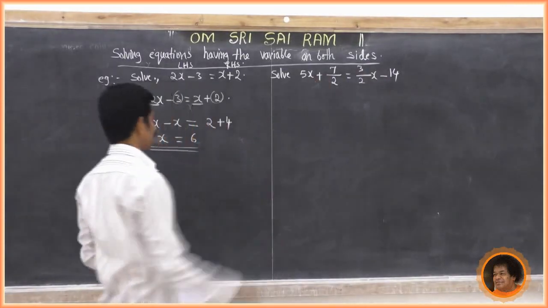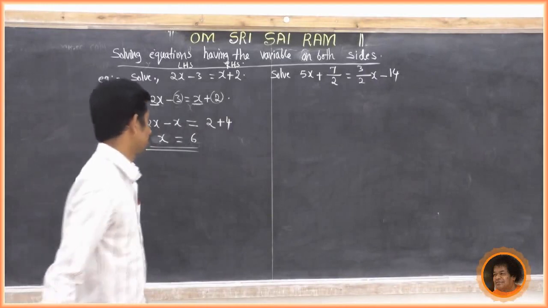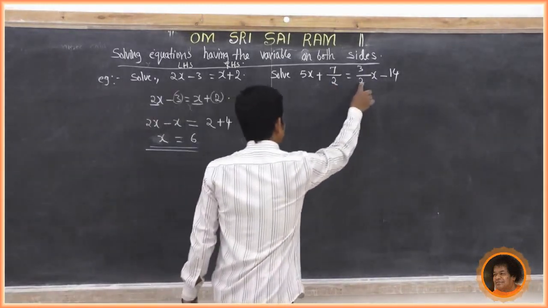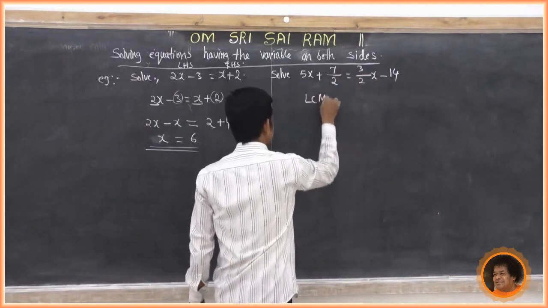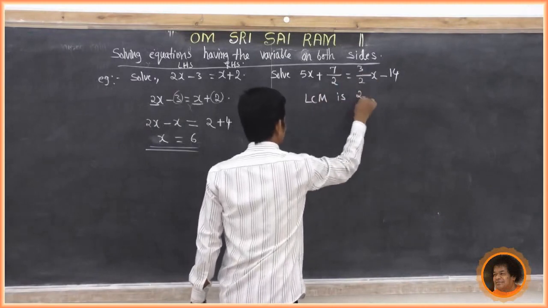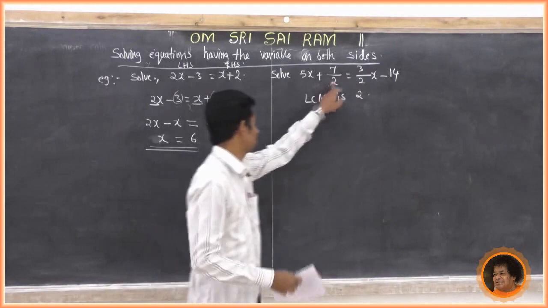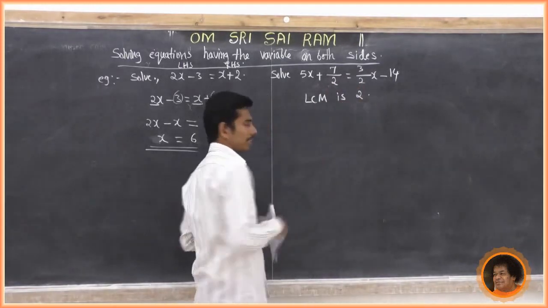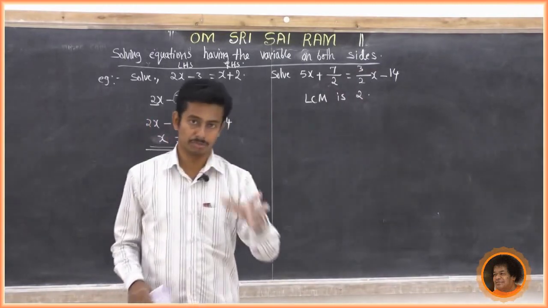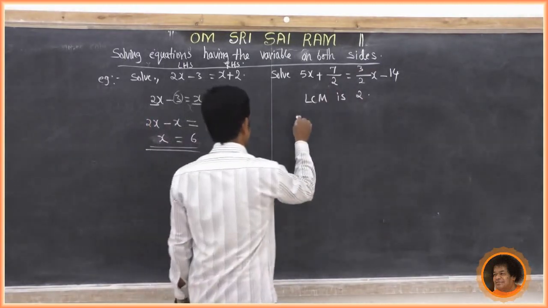This is a fraction, this is a fraction. What is the LCM of these two? The LCM of 2 and 2 is 2. Now multiply this LCM into each term in the left hand side and right hand side.